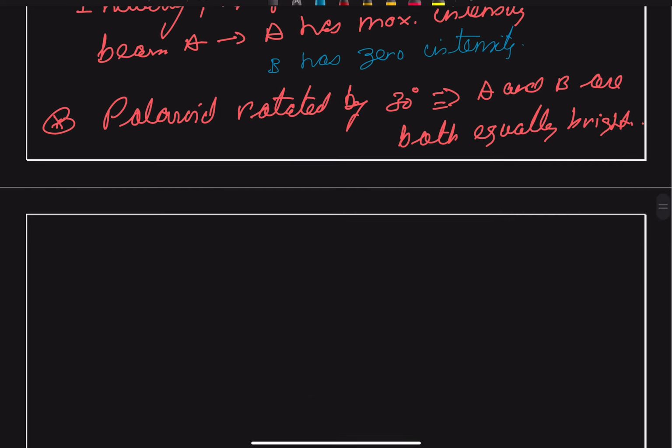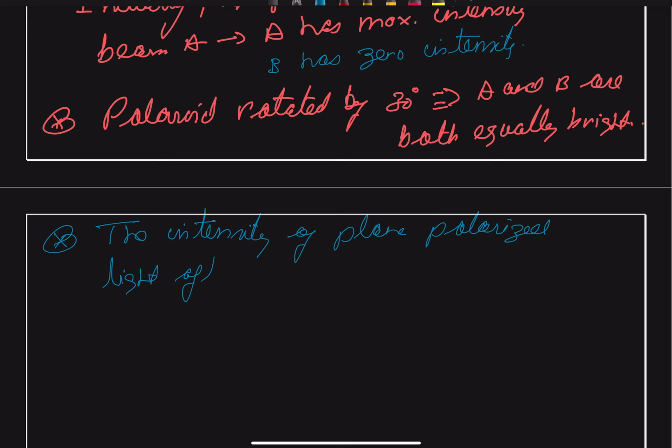And we know the standard formula that the intensity I of a plane polarized light passing through the polaroid is given as I equals I naught cos square theta. So we know the intensity of plane polarized light after passing through polaroid.